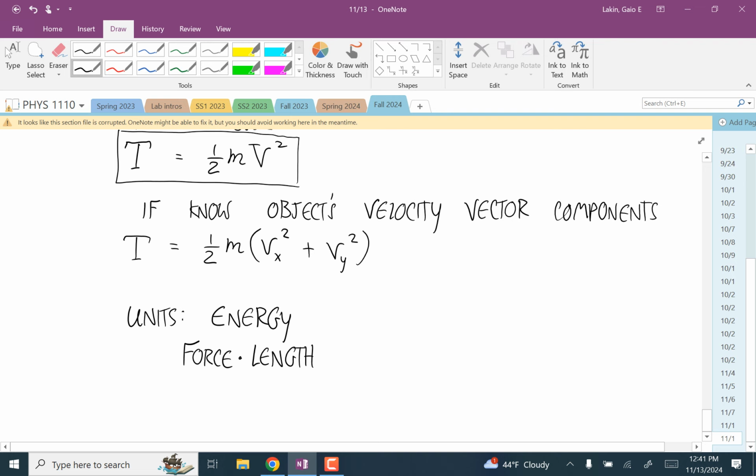And another way that looks different but actually is the same because of the relationships between these different quantities is units of mass times units of length squared divided by units of time squared.